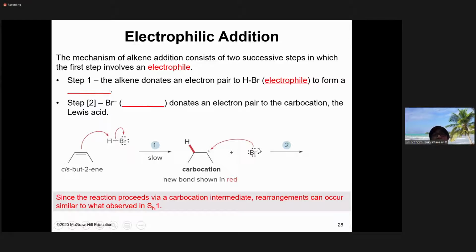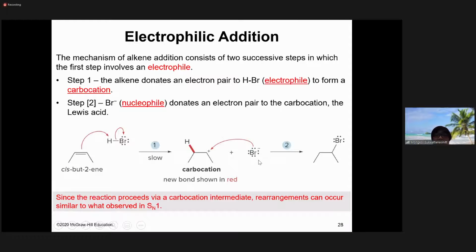Okay, and then the bromide anion attacks the carbocation to form the product here, the alkyl bromide. In the second step, the carbocation acts as an intermediate in this reaction, and the bromide acts as the nucleophile.